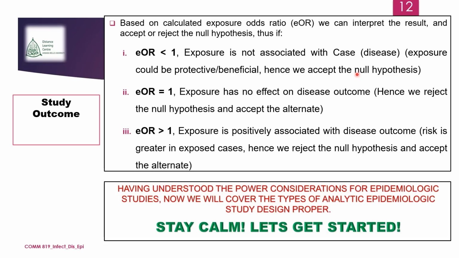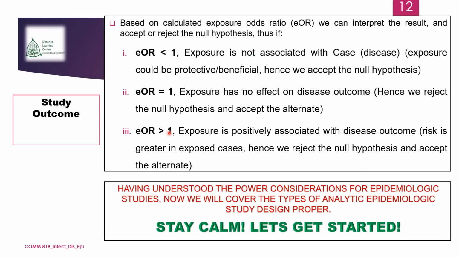Remember, our null hypothesis is always in the null form, that is negative form. For instance, you say cigarette smoking is not associated with lung cancer, but after subjecting your data and calculating your odds ratio, you find out that it's less than 1, you have to accept your null, because that was what you earlier stated, that it's not associated.